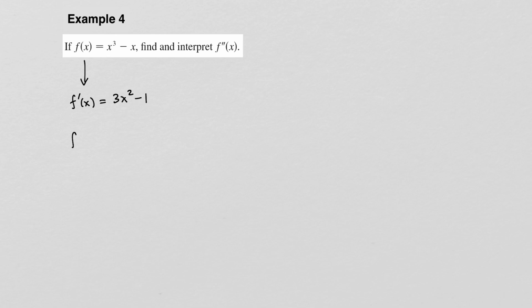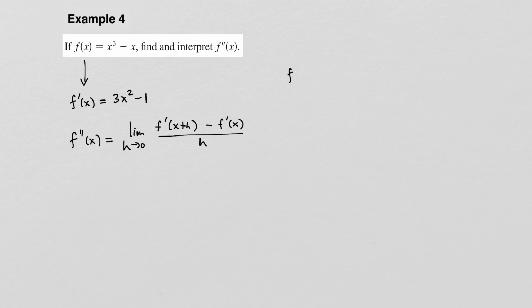So now if I want the second derivative, f double prime of x, I have to take the limit as h goes to 0 of f prime of x plus h minus f prime of x divided by h. So it's the same definition as the first derivative, but when you're finding the second derivative, it is the first derivative that you have in here.